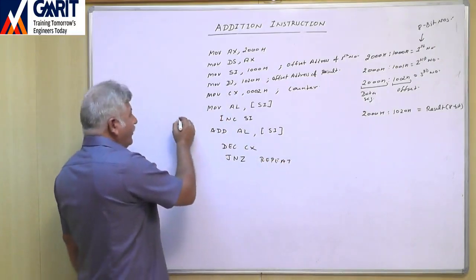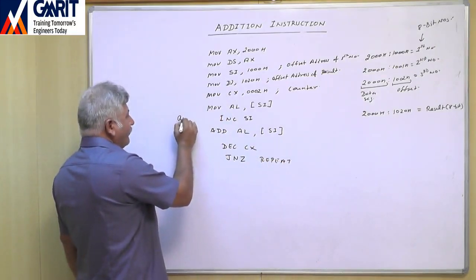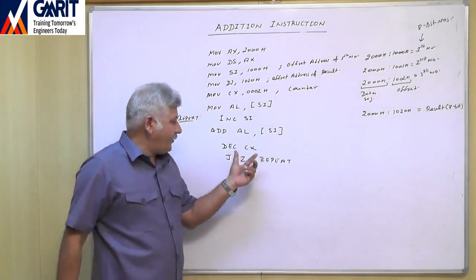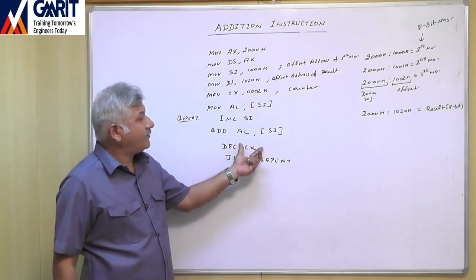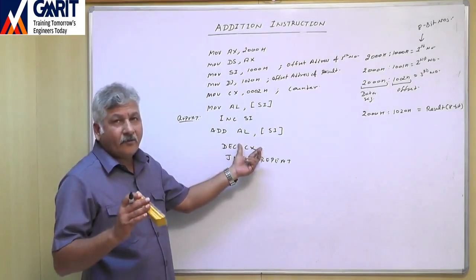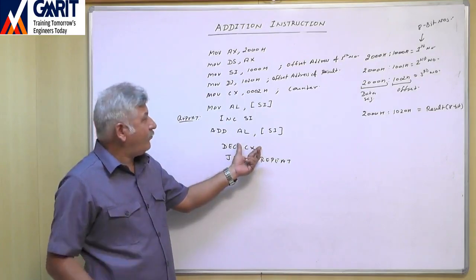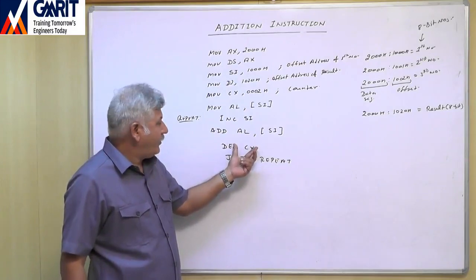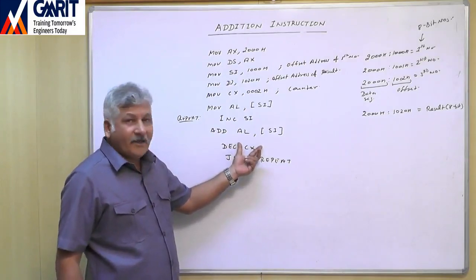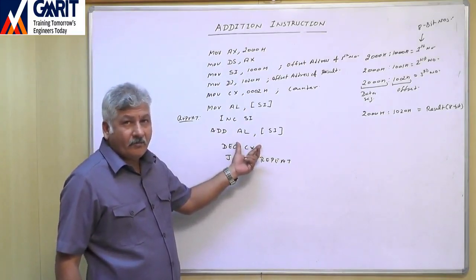And for repeat, I will come here. Means what will happen here? DEC CX will make CX register decreased by 1. So now CX will become 0001. Now since CX is not 0, right?